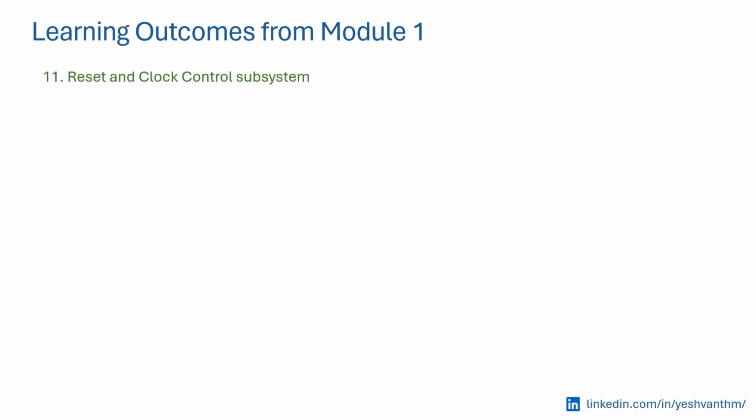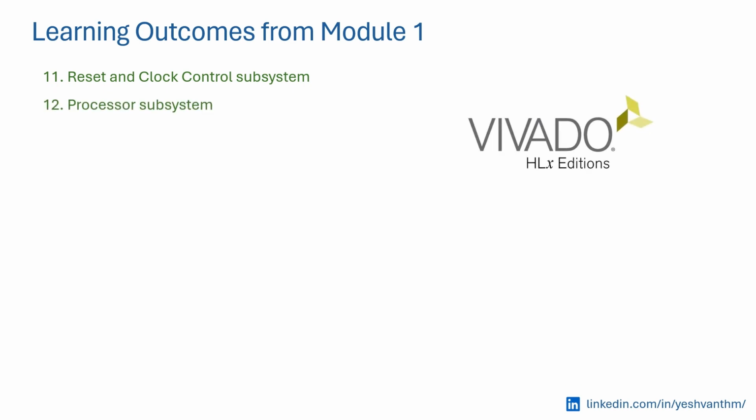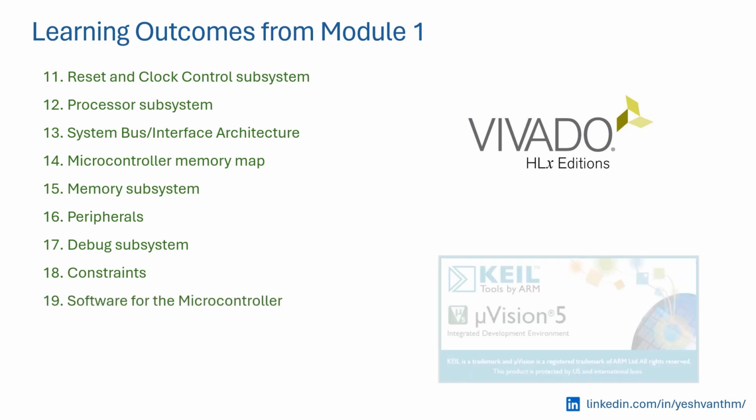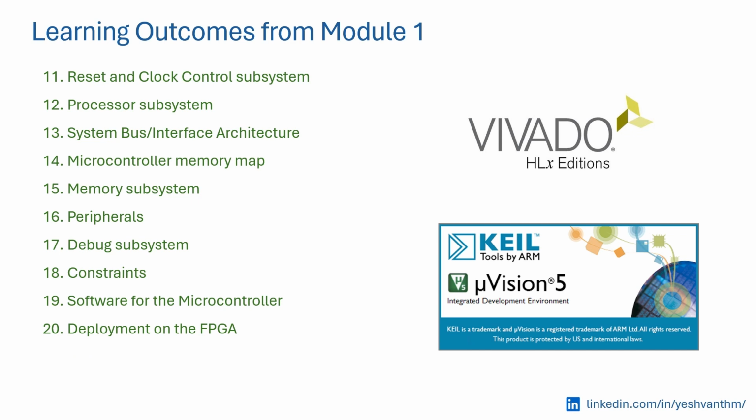We will discuss the reset and clock control for the MCU, various processor configurations as per the need, the system bus or the interface used for the MCU, memory map of the microcontroller, the memory subsystem for program and data, the peripherals, debug subsystem for the design, the Xilinx design constraints file for the microcontroller design, software for the microcontroller, and finally deploying it on the FPGA. For the software, we'll be using the Keil MDK, the Keil MicroVision 5 for this design.